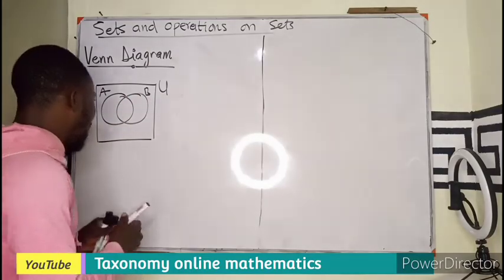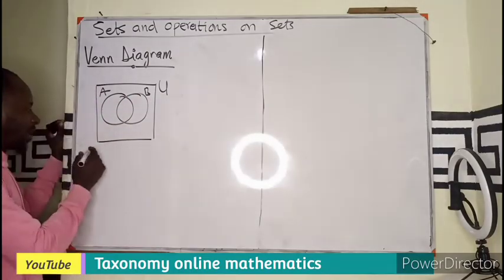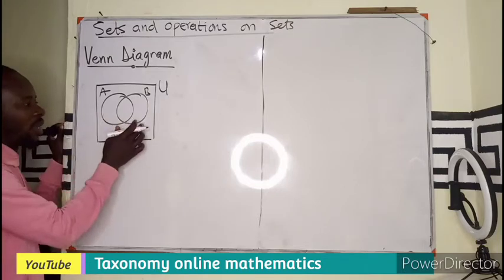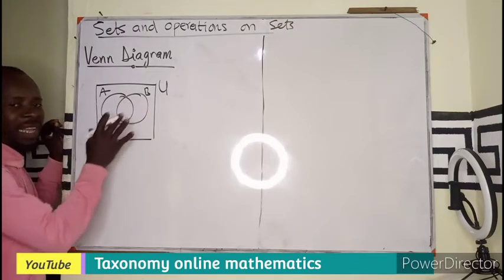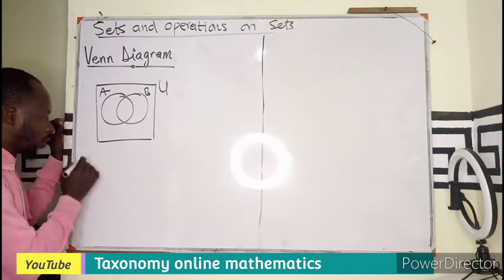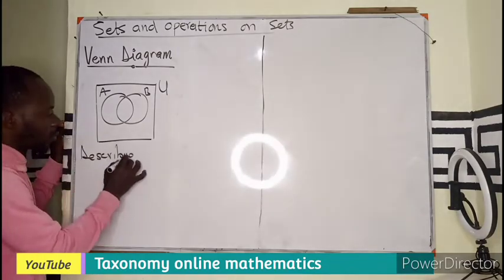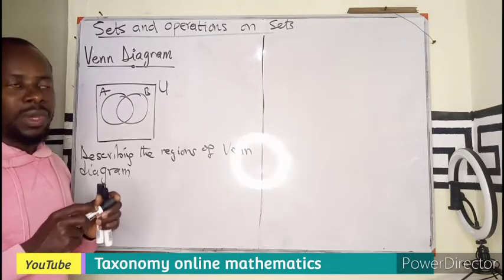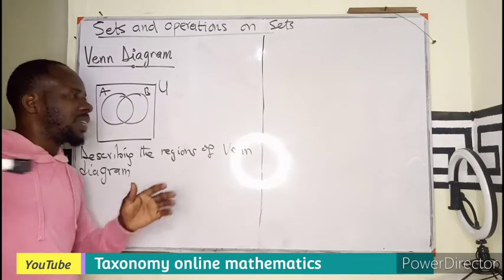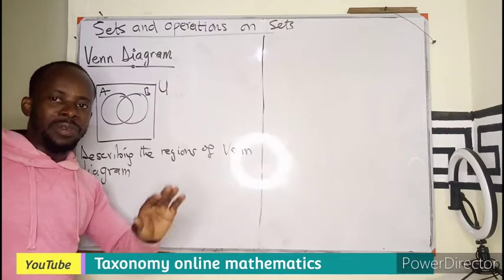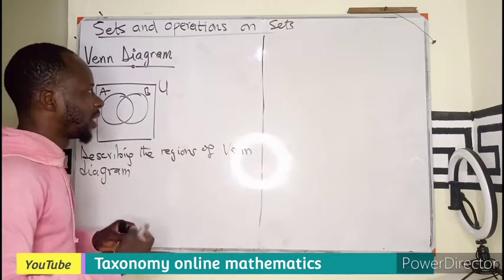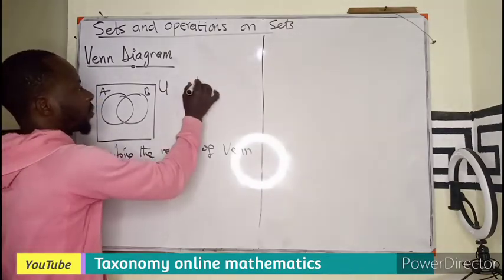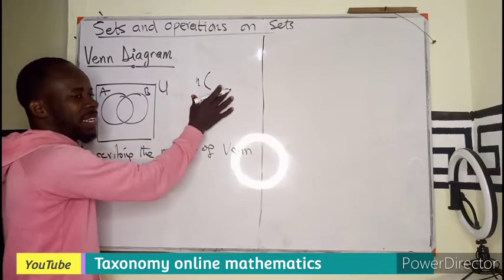So this brings us to various regions. We can describe the regions or the parts that this has been developed into. Now we know that we have the cardinal number of sets, using the letter n before writing the set.